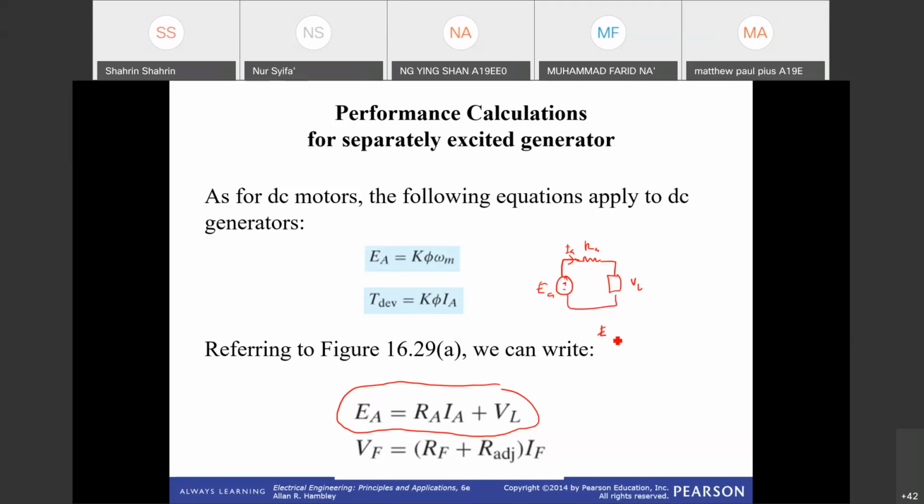So EA is equal to RA IA plus VL. That is the only difference between generators and the DC motor. The same equations for the back EMF induced and the torque produced apply, for the armature circuit and the field circuit.